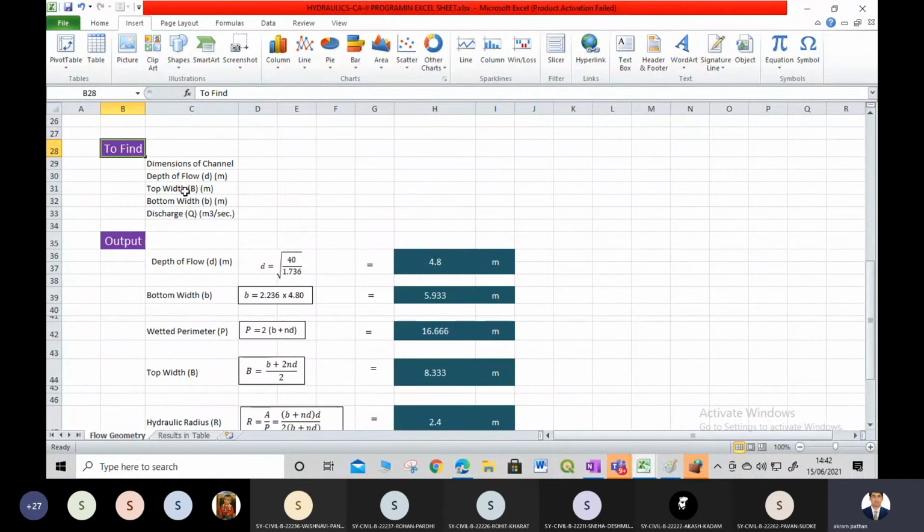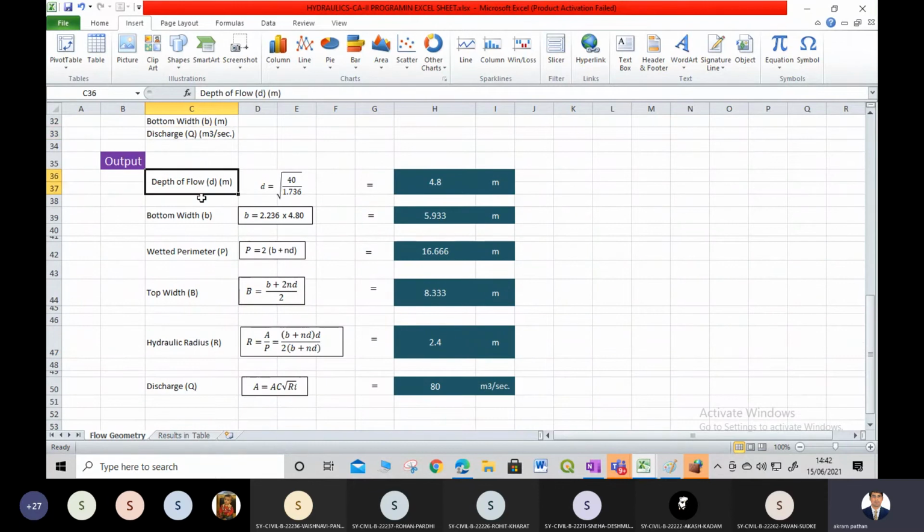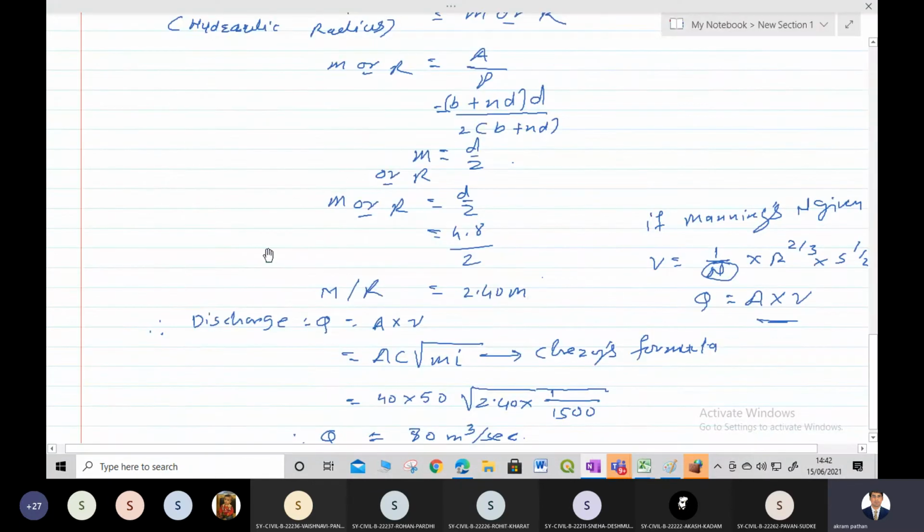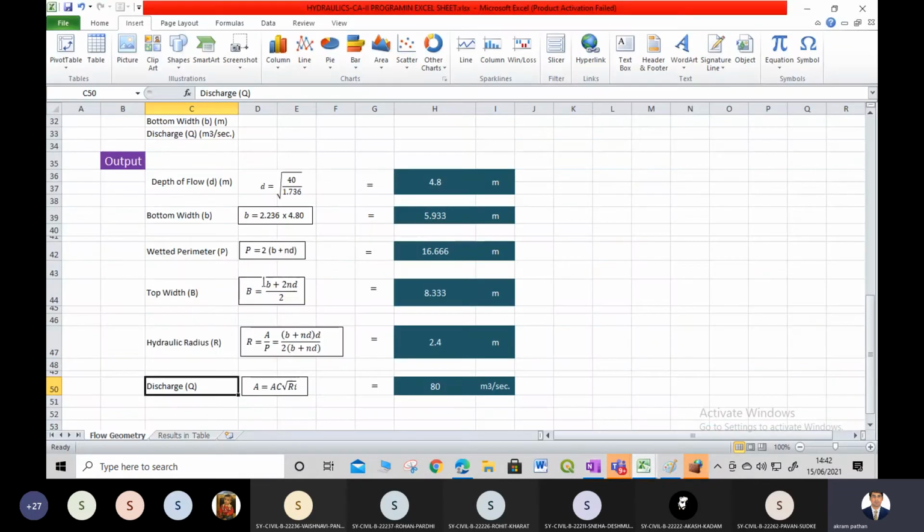In case of the output, whatever we have to find out, we only have to write the formula of that, and as per our hand calculation, whatever value we get, you have to calculate by the formula in the Excel. And then after this flow geometry, we have to put all this result in the table.